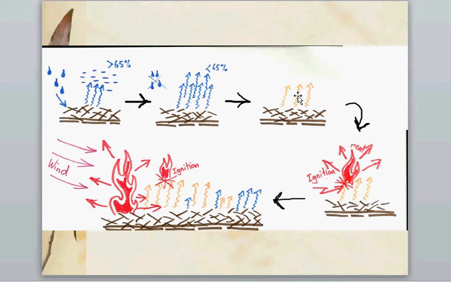And these combustible gases can sit quite happily above the leaf litter until it rains again and no fire can occur. Okay? Because these combustible gases cannot ignite spontaneously by themselves. They need some source of ignition. So there needs to be some ignition point.